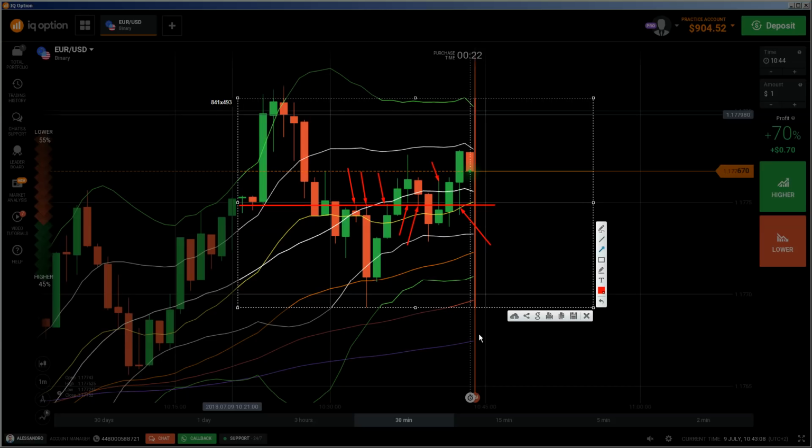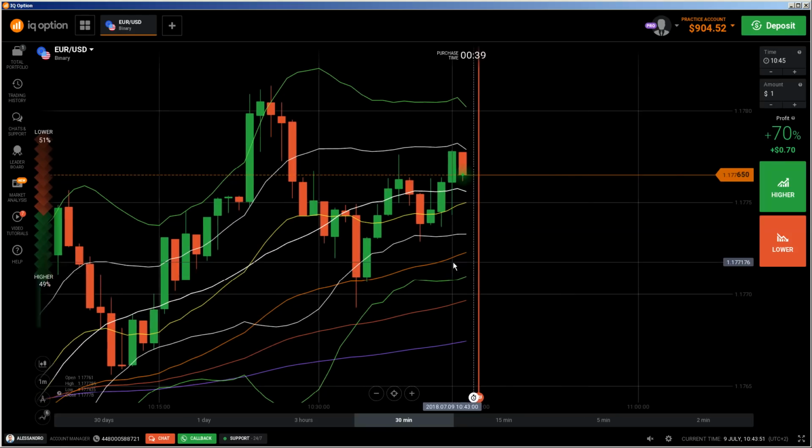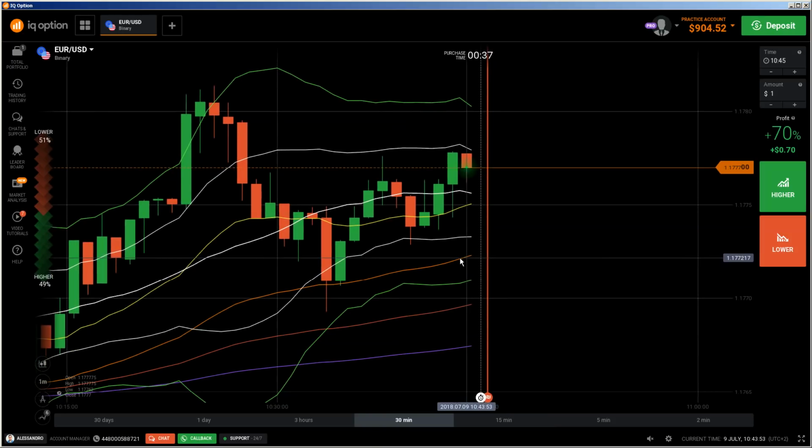That is the reason why I did a call here on this candle, because I was expecting that this support level would be hold, because we have here the 200, the 100, the 50, and the 20 in this alignment. I have explained this in the ebook. It means it's an uptrend. So let me see what is going on here.